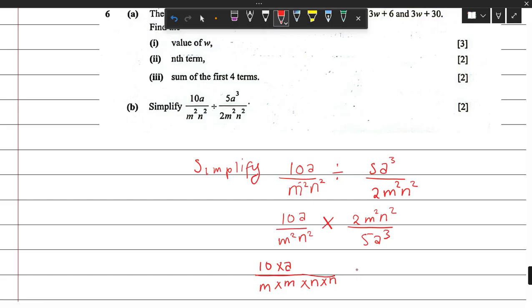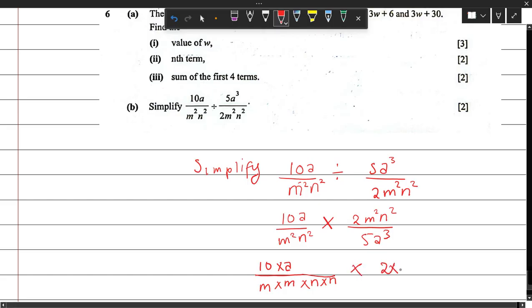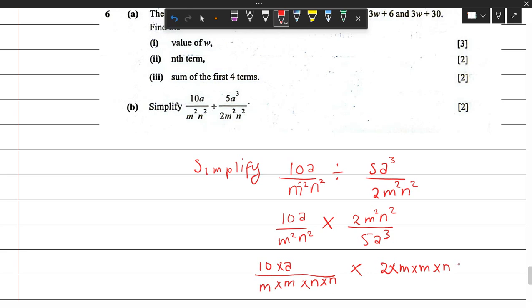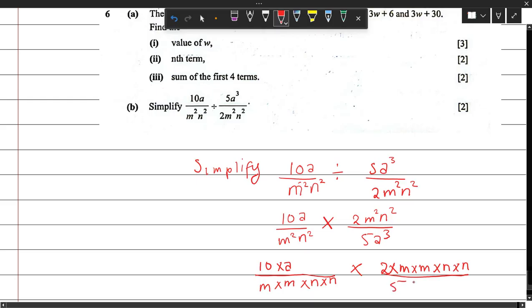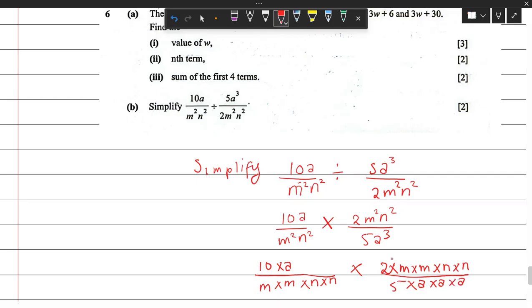This is this part, and multiplied by 2. We're expanding: m squared is m multiplied by m, n squared is n multiplied by n. So everything divided by 5 multiplied by a multiplied by a multiplied by a, that is a cubed.